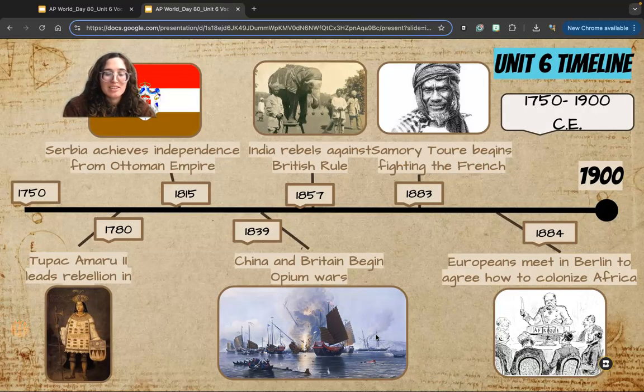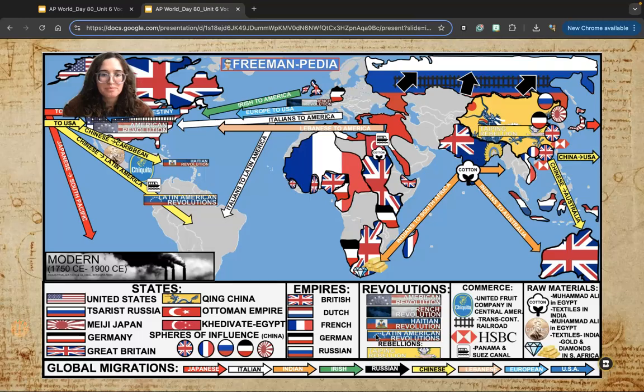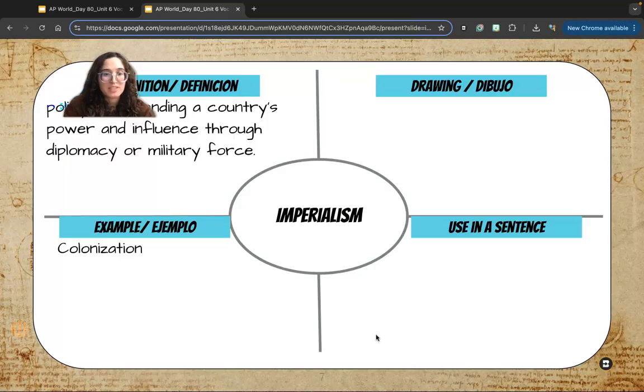Well, no surprise, it's the new age of imperialism, right? We have imperialism running rampant in Asia, Africa, and Latin America. We're all over the map, but like I said, mostly we're going to be concentrating on Asia and Africa this unit.